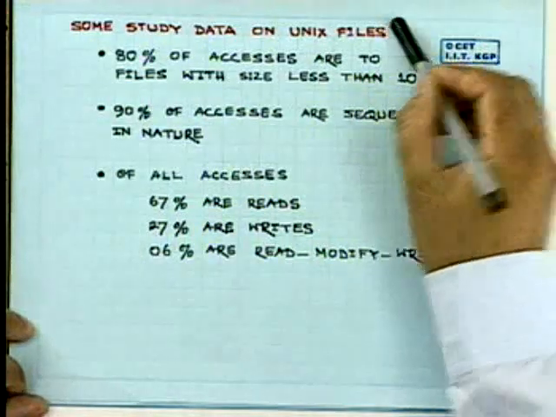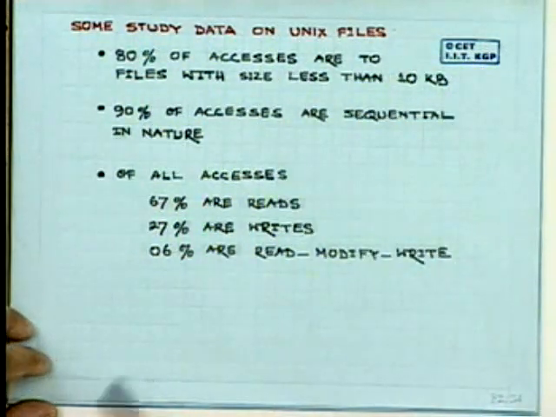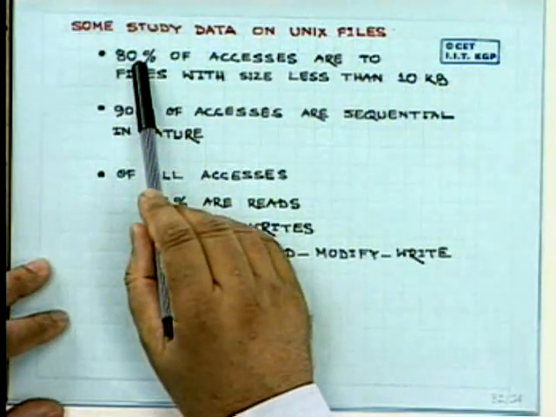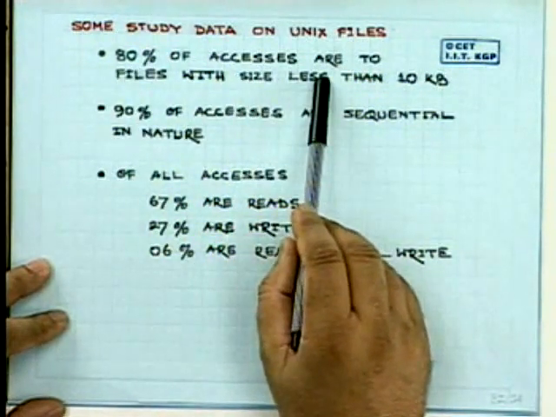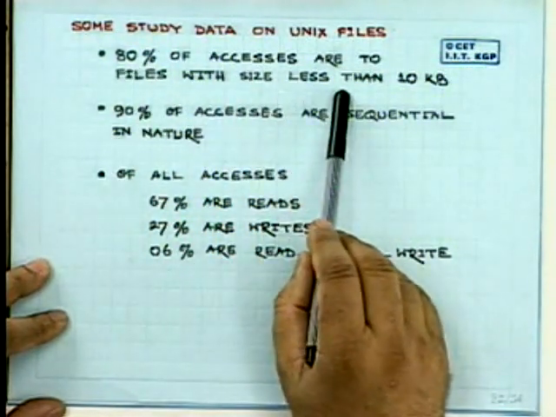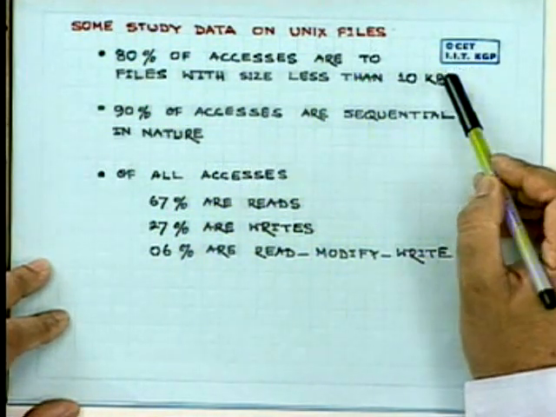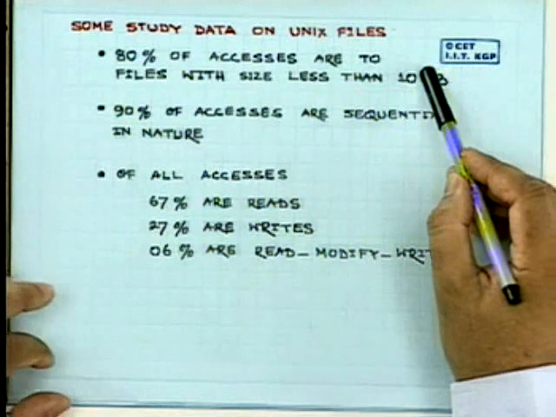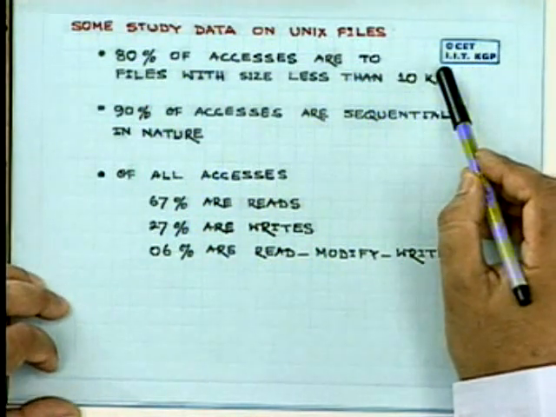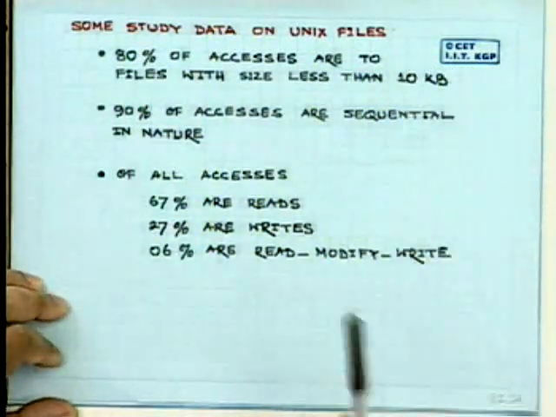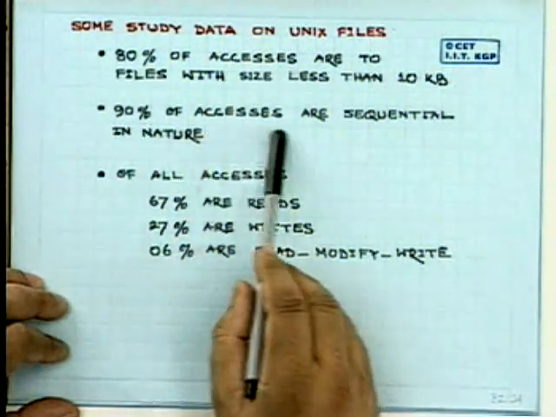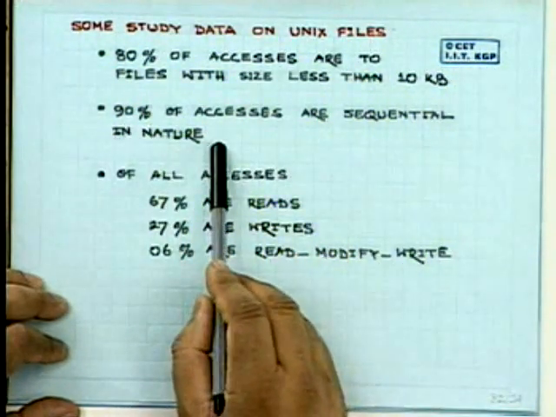Now, before we end our discussion on the file systems, let us just give some case study report on Unix files. It says that 80% of the accesses are to files with size less than 10 kilobytes, which means users do not keep huge files, right? 90% of the accesses are sequential in nature.